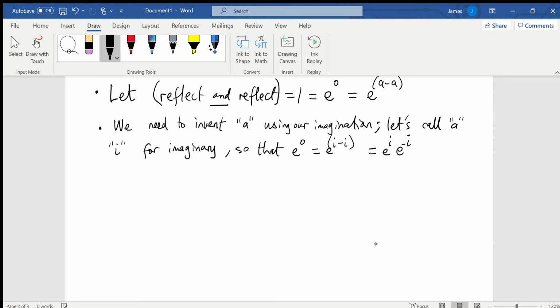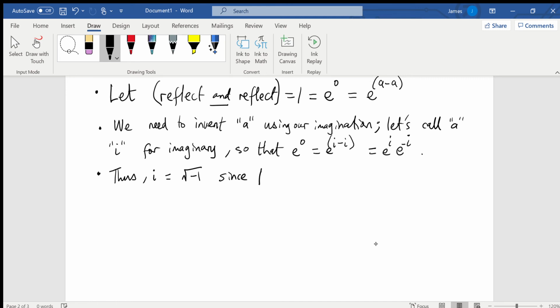So we've got one of them with a positive because it's a positive I, one of them therefore has to be a negative because when they sum together they give e to the 0. So we've just learned something about I. Let's see what we've just learned about I. So we've just learned that I has to be the square root of -1. Why does it have to be the square root of -1?